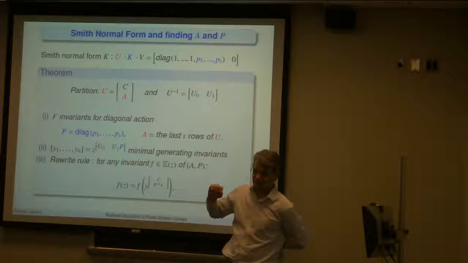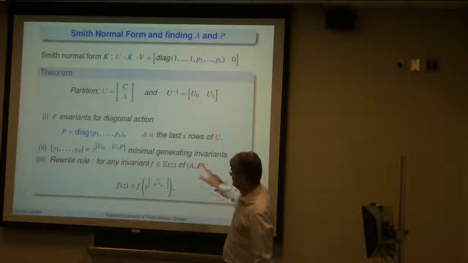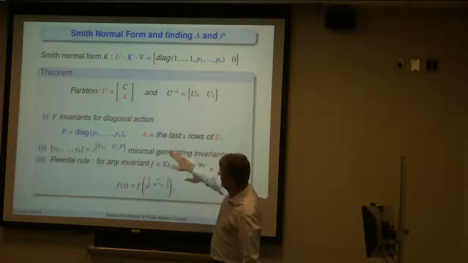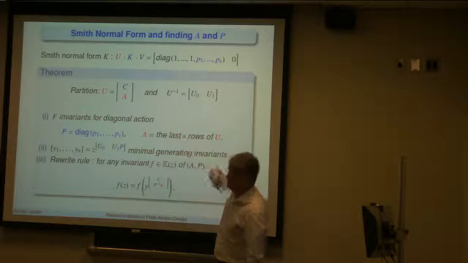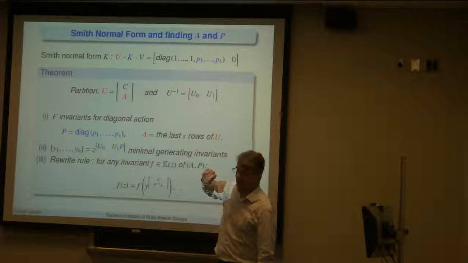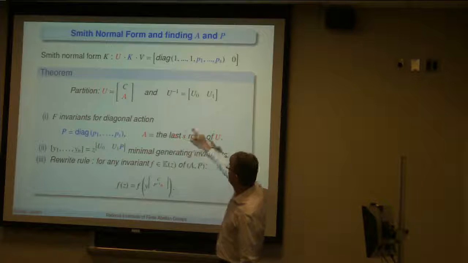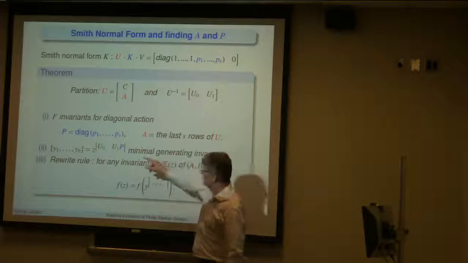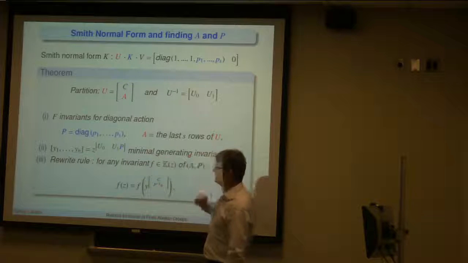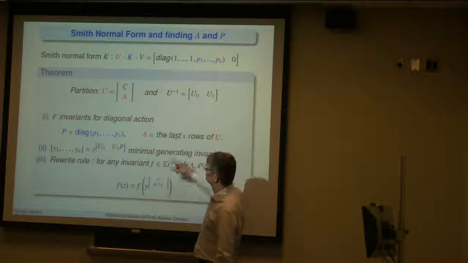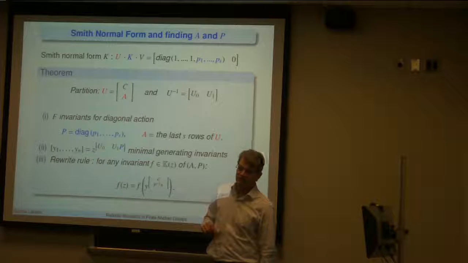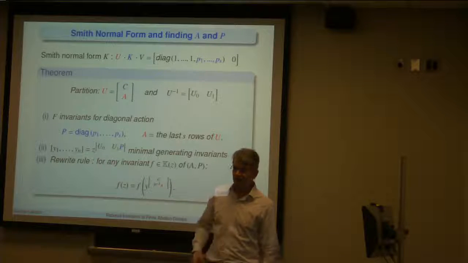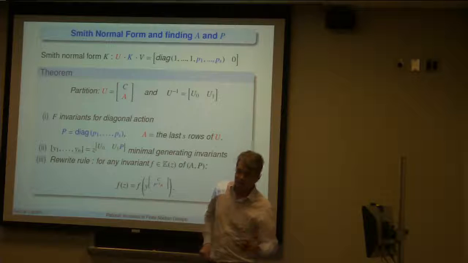From that, you're not only going to be able to find the scaling action, which is going to be defined by A and P, the exponents in order, but you're also going to get the minimal generating invariants and the rewrite rule, all from that initial Smith normal form. So it's very mechanical.